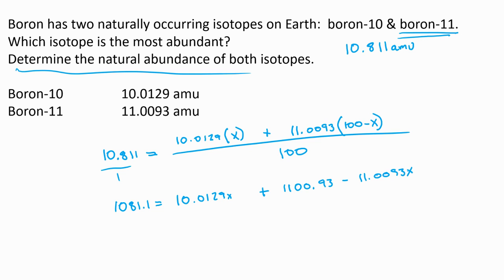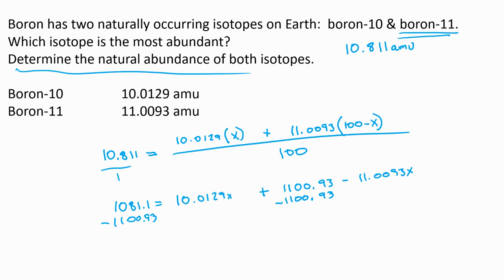Now, the first thing I'm going to do is get the like terms together. So I'm going to subtract 1100.93 from both sides. Let me get out my calculator and see what that comes out to.